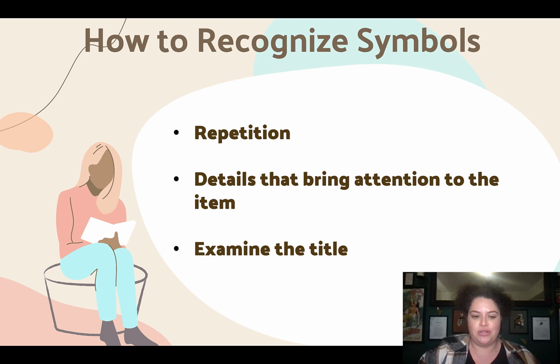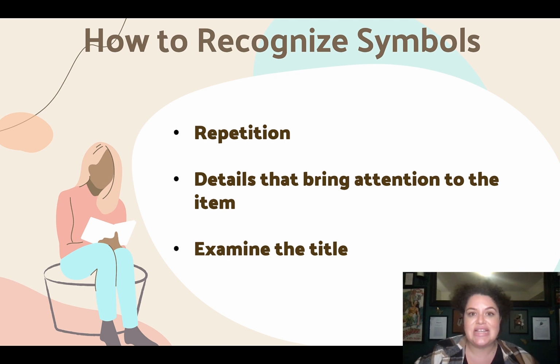Repetition is really important. If you see the same object, place, or action showing up over and over again, the author is probably trying to show you, hey, this thing means something, okay? So if you see something repeating in a text, that's probably a symbol. Next, details that bring attention to the item.